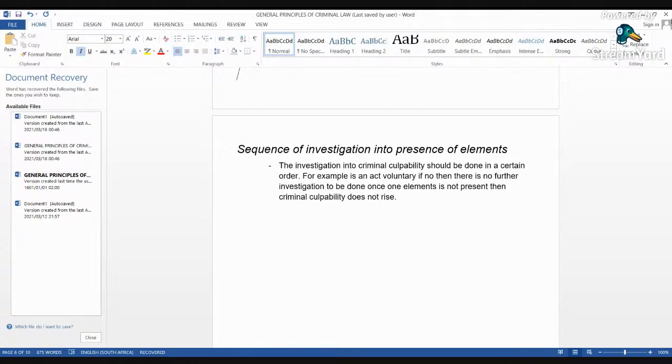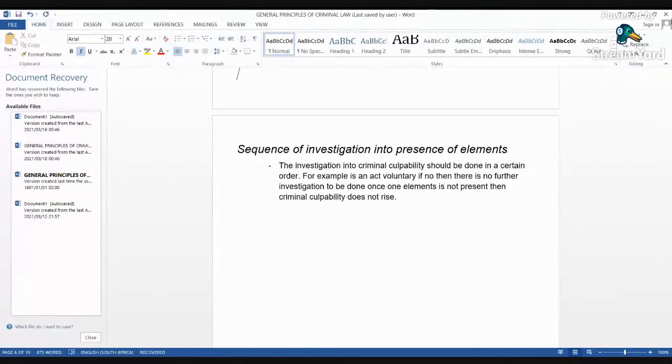So if one thing is removed, you cannot retrieve the kite. And if you cannot retrieve the kite, which represents the liability, that means there is no criminal liability.